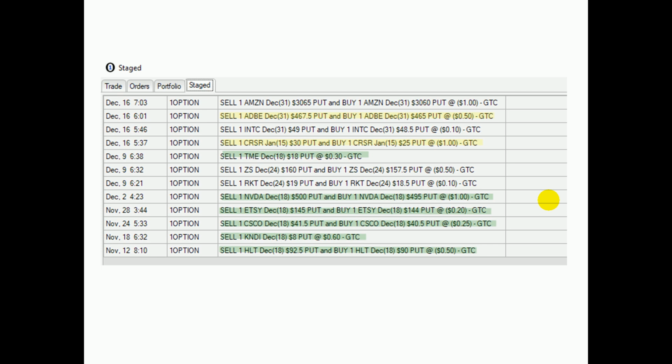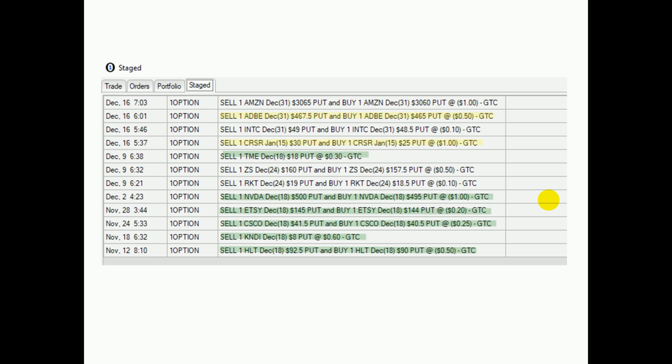So if you don't get your market analysis absolutely perfect, if you don't get your stock analysis absolutely perfect, there is a big sweet spot. There's cushion. There's room for error. So please learn how to do vertical spreads. If you're just starting out with options, this is the strategy that you should be using.